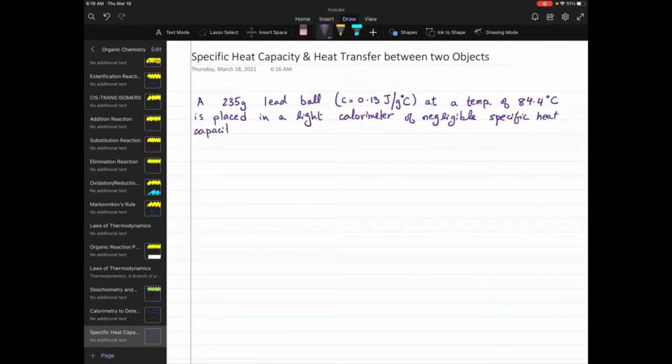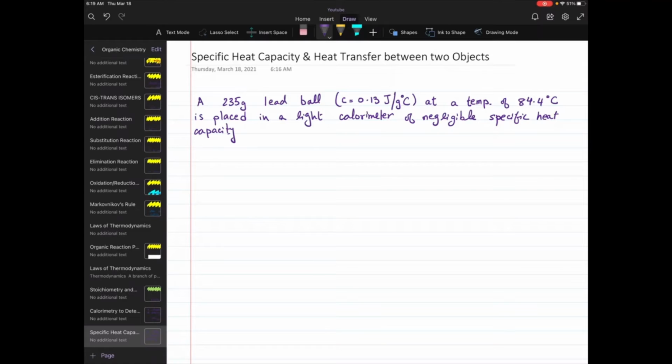In other words, they are saying that the amount of heat absorbed by the calorimeter is negligible, we don't have to worry about it, and we are going to be ignoring the change in energy of the calorimeter itself, the hardware, the container. But the water that is inside will still change temperature and will have energy absorbed and will have a specific heat capacity, just not the container.